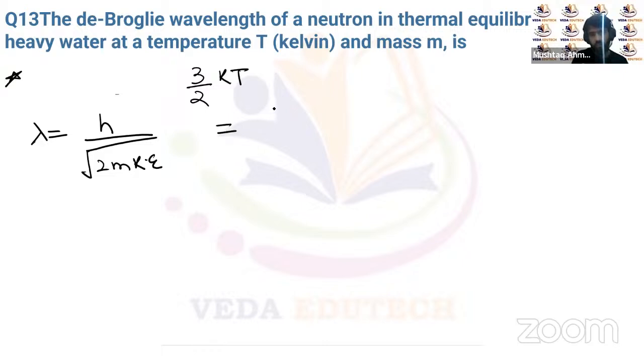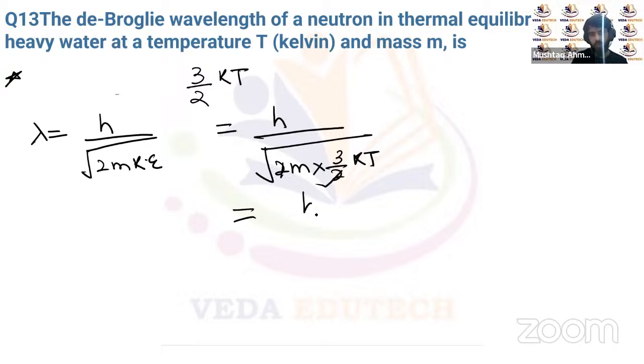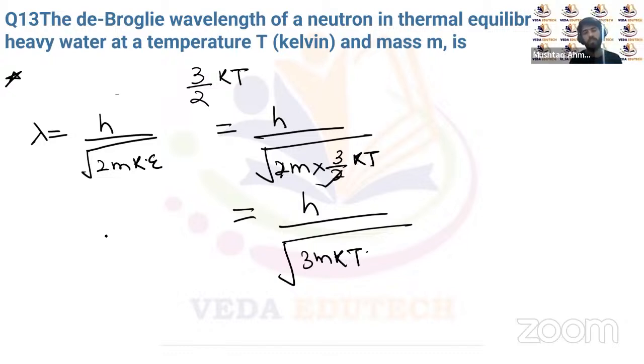Kinetic energy of this particle is 3 by 2 kT, so the 2 and 2 will get cancelled. It will be h upon under root of 3m kT. This is the de Broglie wavelength associated with this neutron.